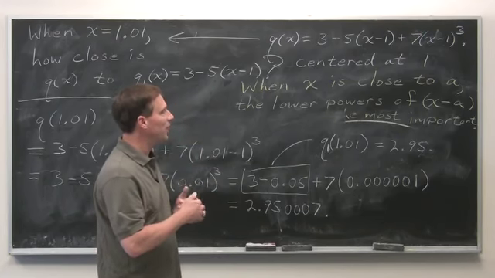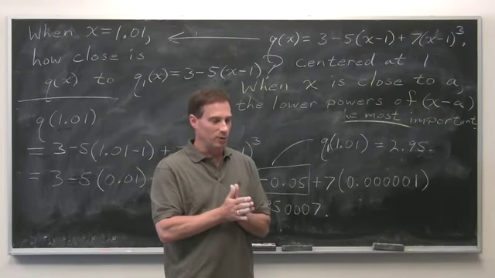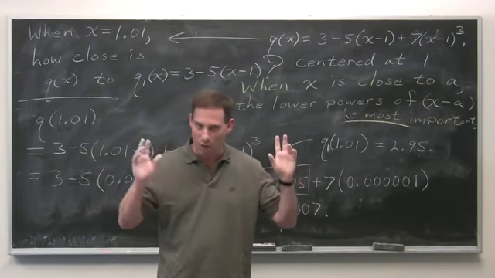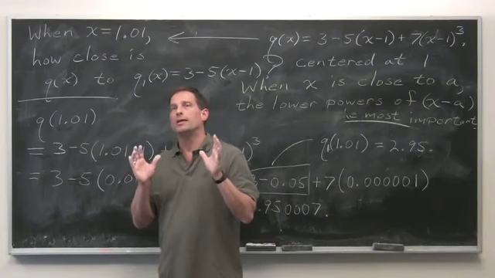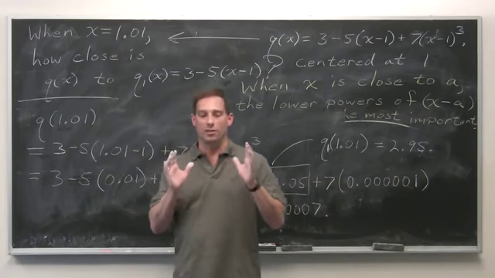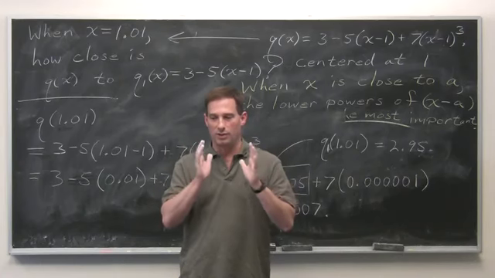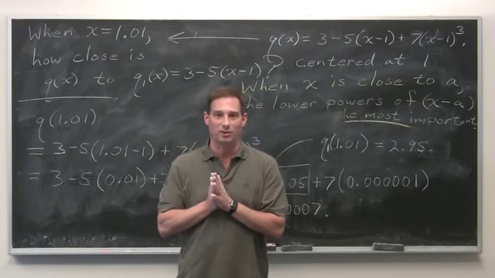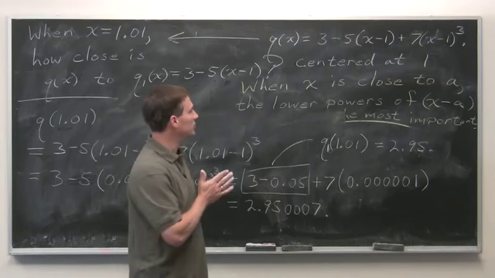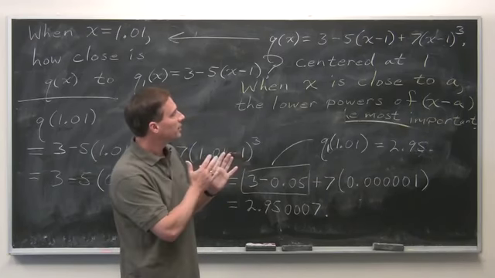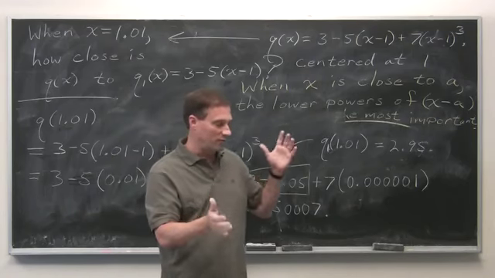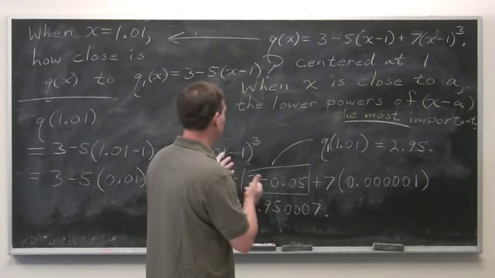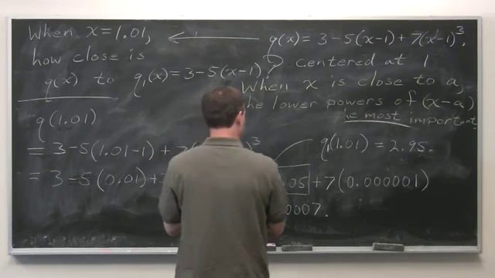And that's where we're headed with power series. The point is that when x is close to the center, even if you keep going all the way out to infinity, if the coefficients are doing the right thing, the terms get so small that even though you're adding an infinite number of them, it doesn't change the value significantly. And so you just get a good approximation by taking fairly small partial sums, only going out to some fixed power of x, or x minus a.